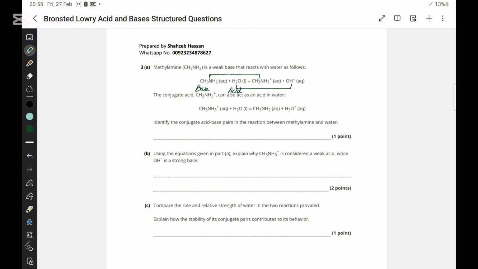Water can act both as an acid as well as a base. So the pairs are CH3NH2 and CH3NH3 positive, and water with hydroxide.